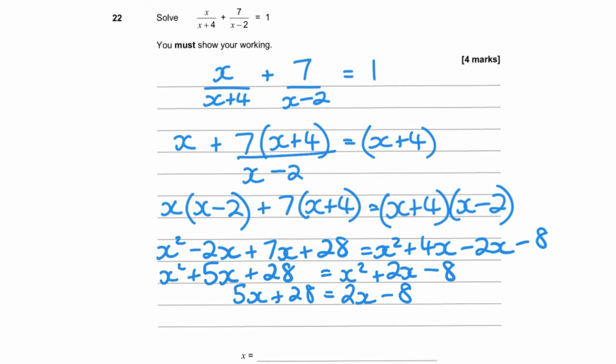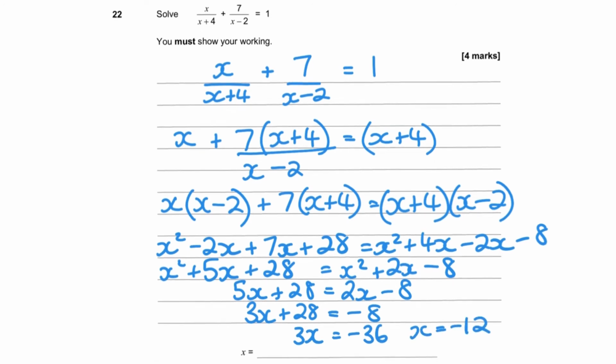So if we minus 2x from both sides, we get 3x plus 28 is equal to minus 8. And then if we minus 28 from both sides, we get 3x is equal to minus 36, and divide both sides by 3, x is equal to minus 12.